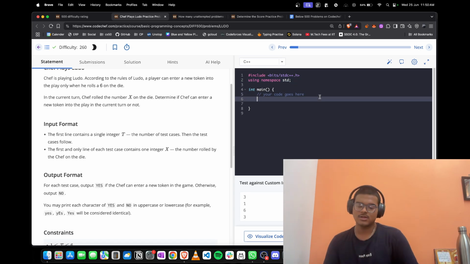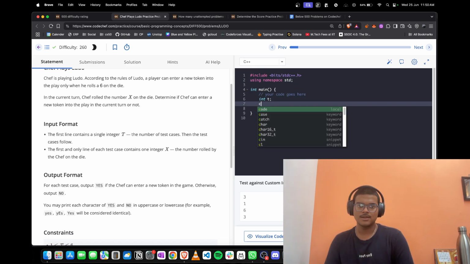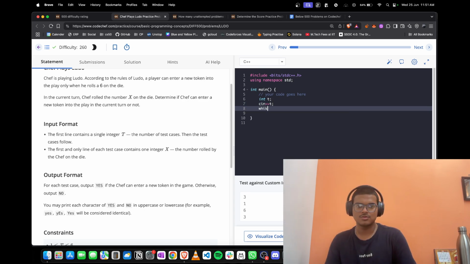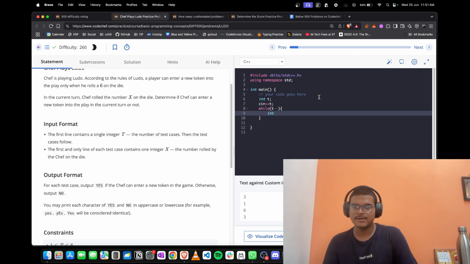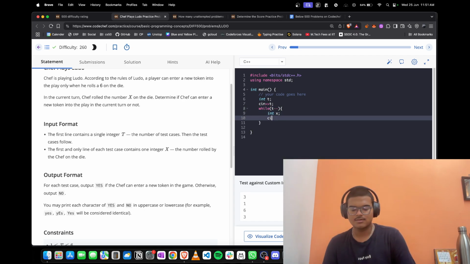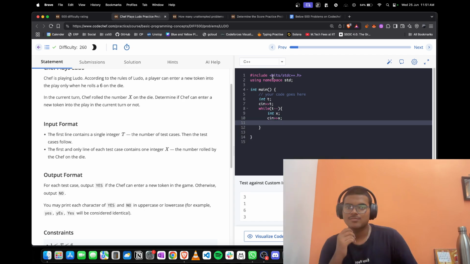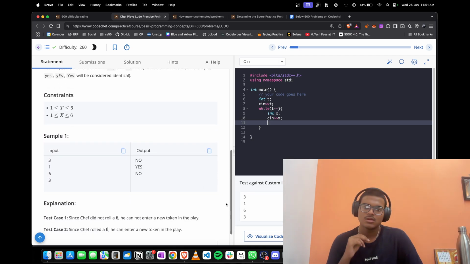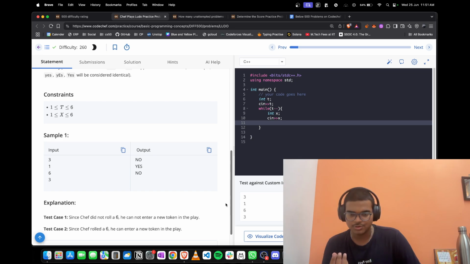So, like before, we will make one integer t where we will store our test case, and x. Here x is the number chef rolls on the dice; determine if chef can enter a new token into play. So basically, if x is equal to 6, then only he will be able to enter a new token in the play.